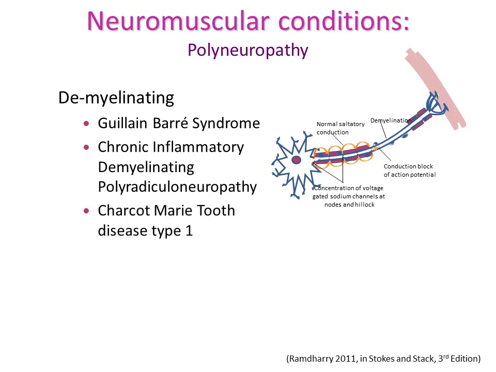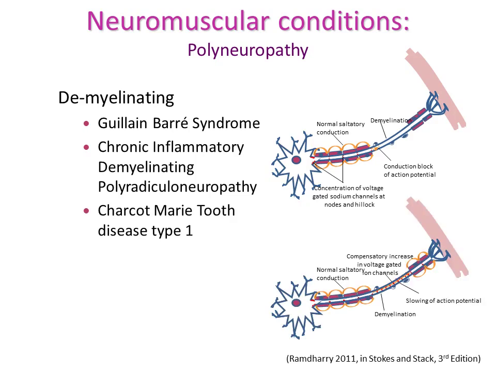Charcot-Marie-Tooth disease type 1 is also a demyelinating neuropathy, and we'll look a bit more closely at those three conditions a little later. But what happens in the longer term, particularly in CIDP or Charcot-Marie-Tooth disease, which are longer term conditions, is that in the top diagram you can see the myelin's been stripped away, and you have a conduction block because the action potential isn't able to continue propagating.